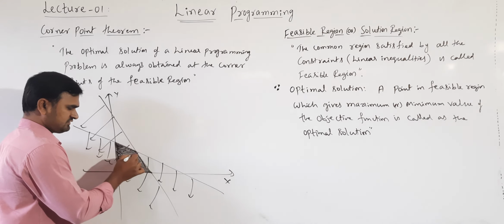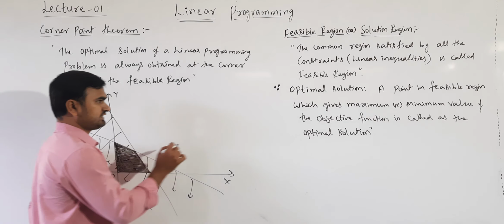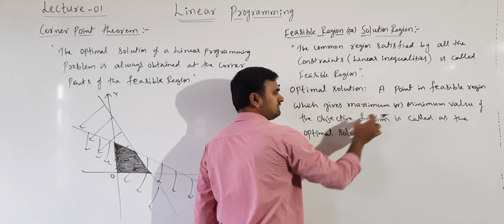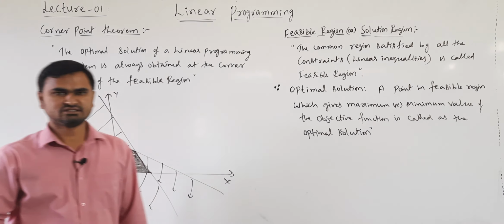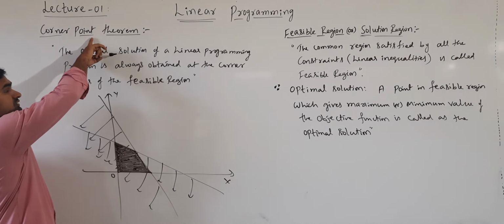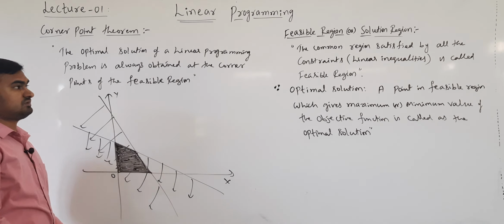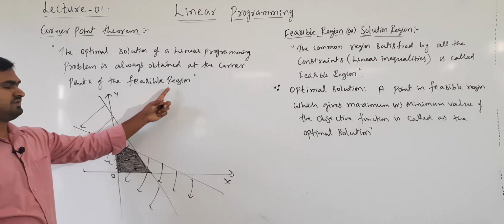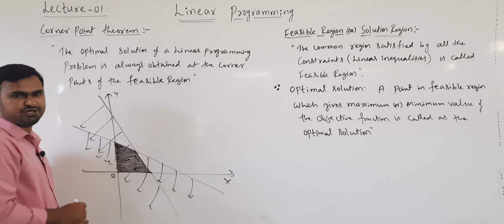Now this is a feasible region. We have many feasible solutions, but out of all of them, we are interested in the optimal solution where we get the maximum or minimum value of the objective function. So where do we get this optimal solution? According to the corner point theorem, the optimal solution of a linear programming problem is always obtained at the corner points of the feasible region. Now what are the corner points here?